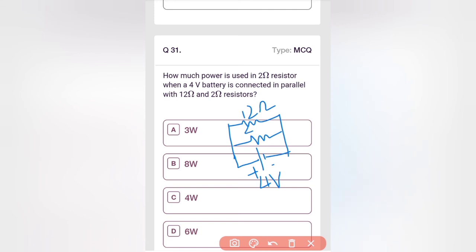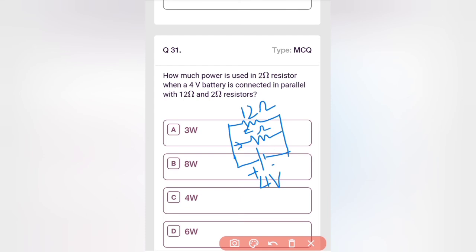So now we need to find how much power is used in the 2 ohm resistor. So we need to find the power here. So how to find the power? I square R or V square by R. So voltage is the same.